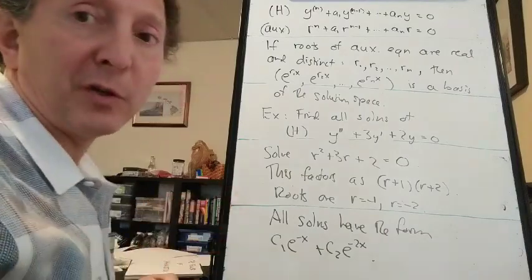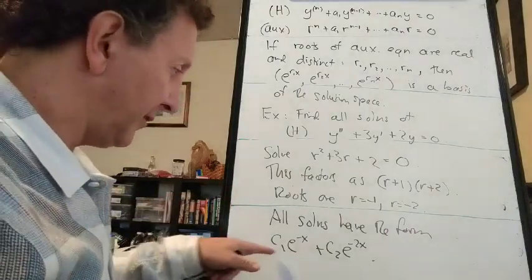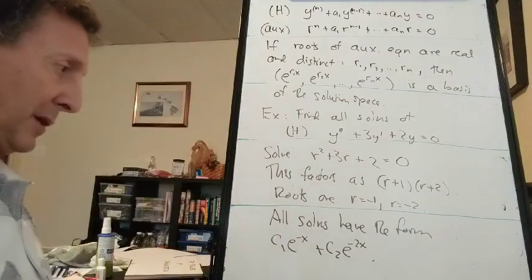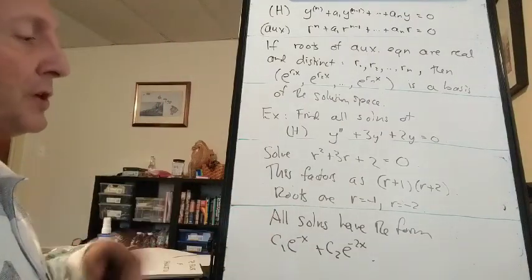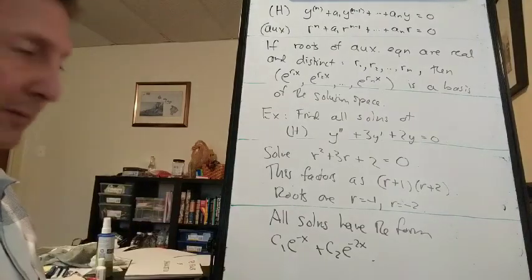Now, another question we could ask is, of this infinite family of solutions, this two-dimensional vector space, which solution satisfies certain properties?